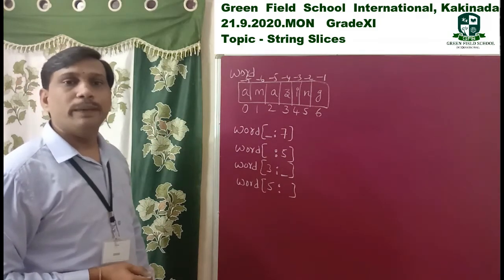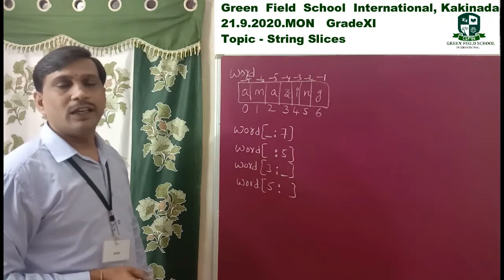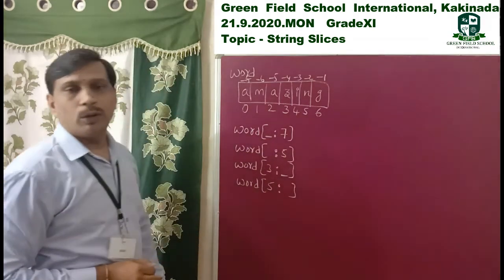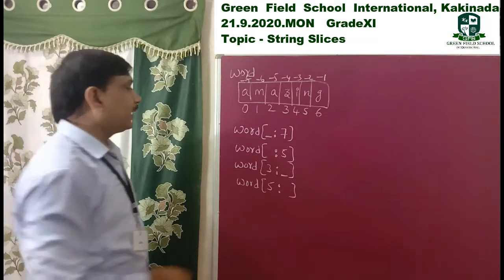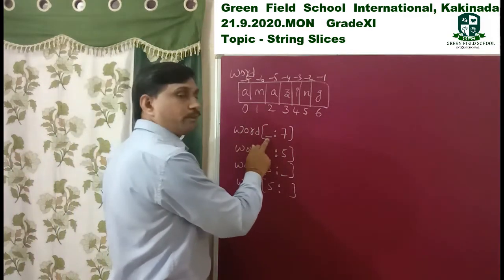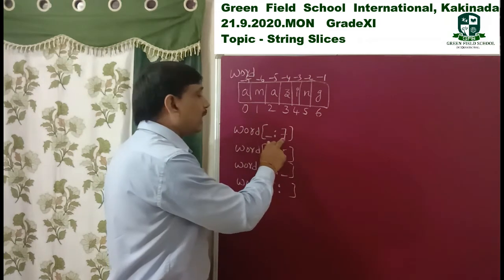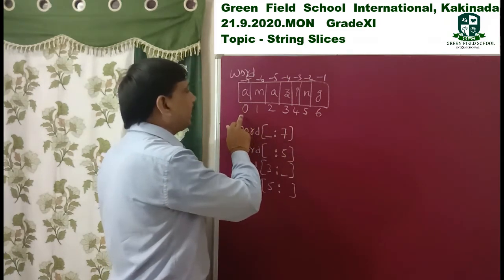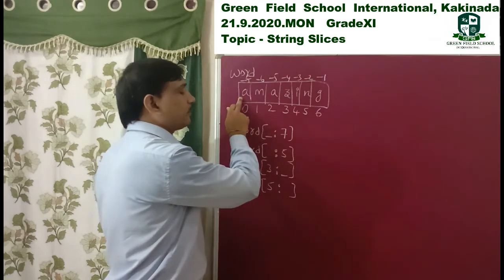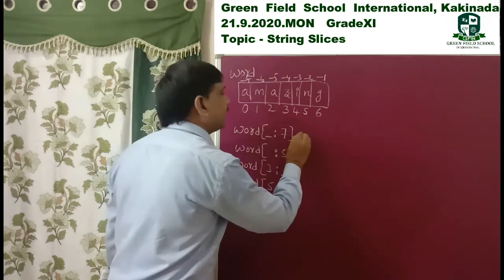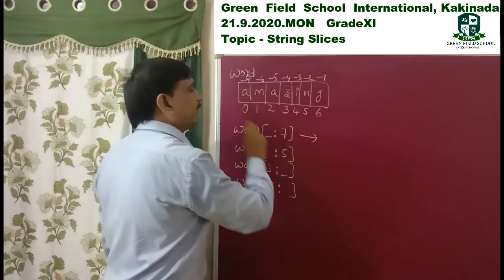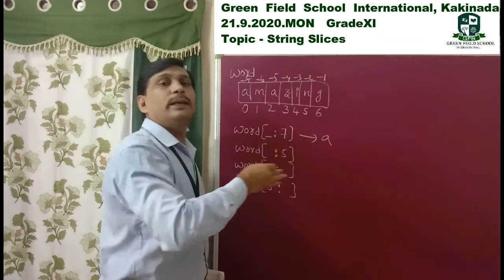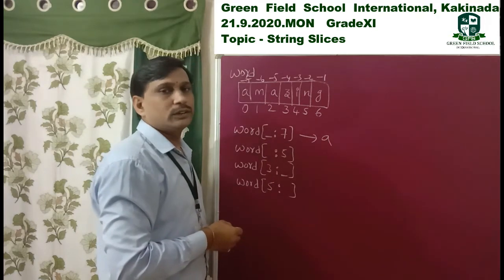So we skip either the lower bound or the upper bound. Observe this example, word of, where we do not specify the lower bound, only 7. So the starting value is not specified, that's why it starts from 0, which means A. We do not specify any increment, so it is incremented by 1 by default.